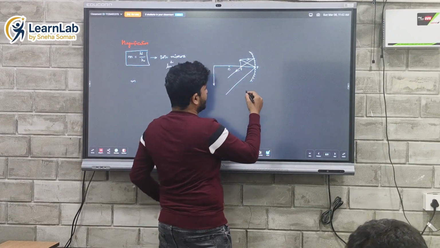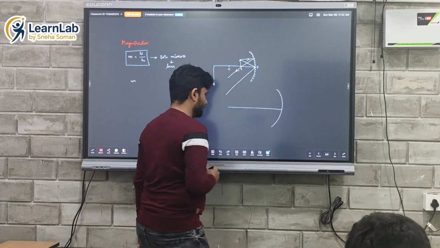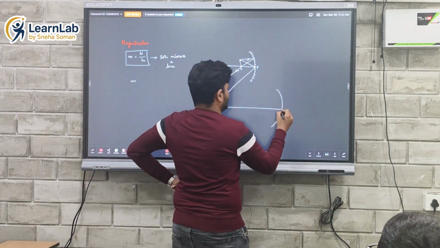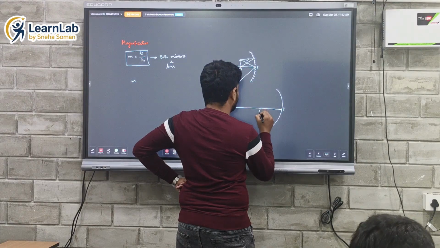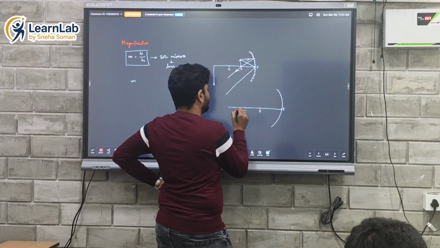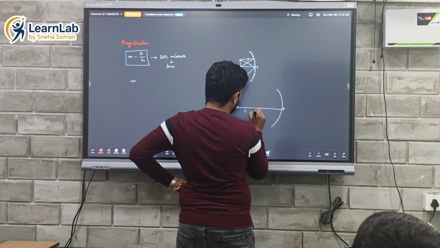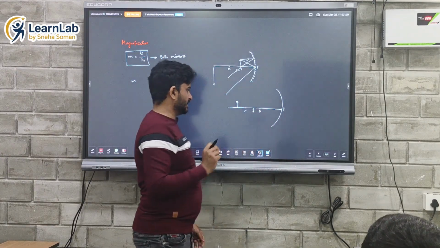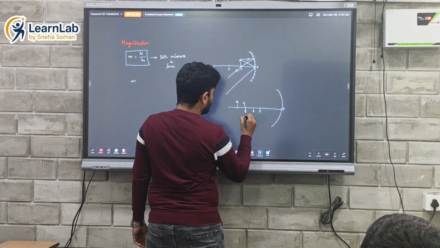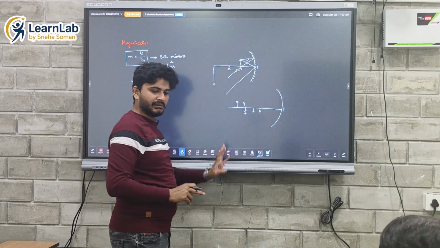Otherwise, rather than this, I taught you the master formula. What is that master formula? You will mark P, F, and C. First case is at infinity, a special case we deal with later. First one is beyond C: the image will be between F and C, and diminished, not of the same size. Next, you keep it at C: both object and image are the same size and lie on the same point, the center of curvature.